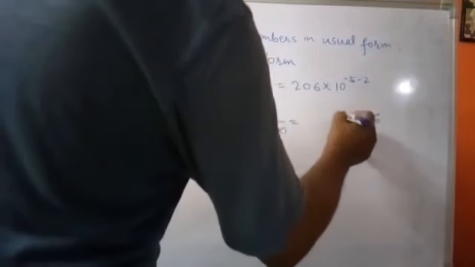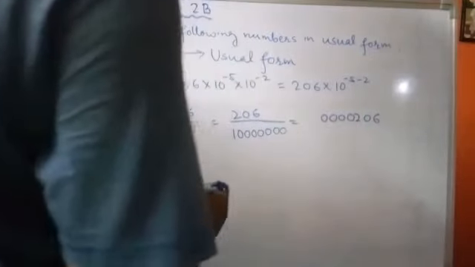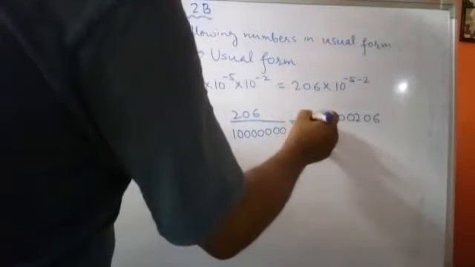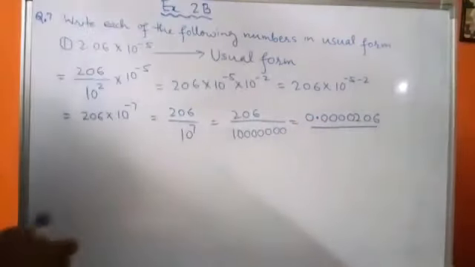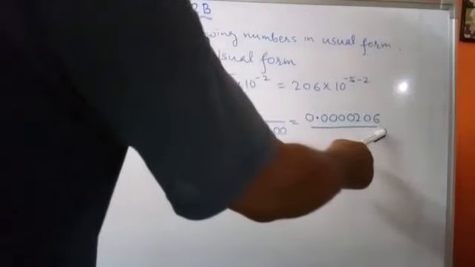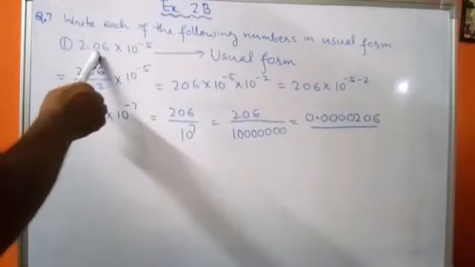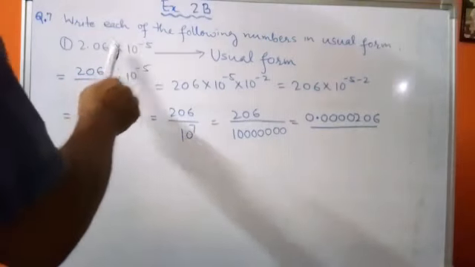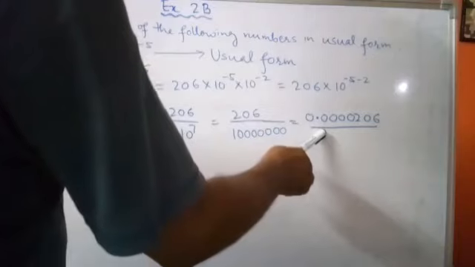Here we see 6 places, another one makes 7 places. This decimal is to be placed before 7 places. Now this number changes into usual form. So 2.06 into 10 to the power minus 5 is in standard form, and its usual form is this number.